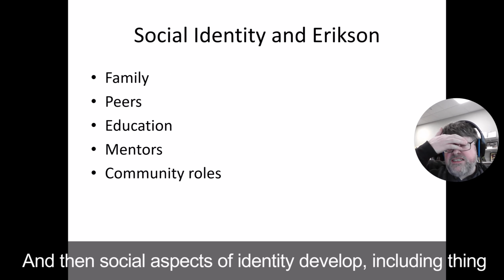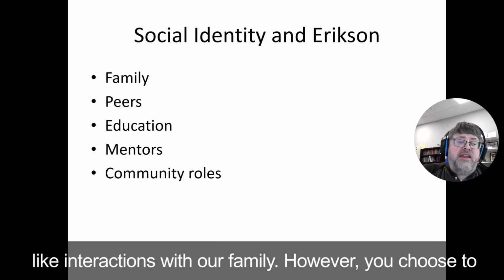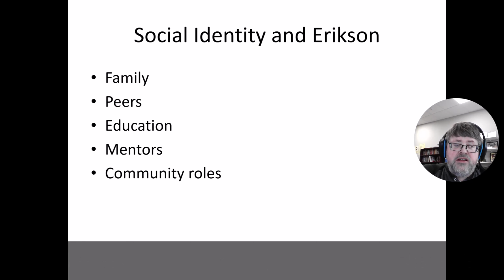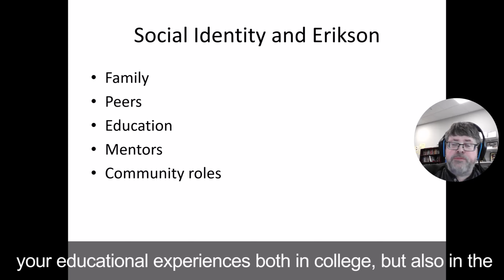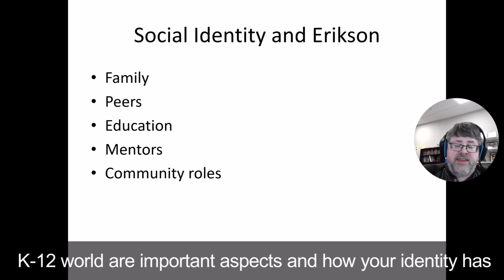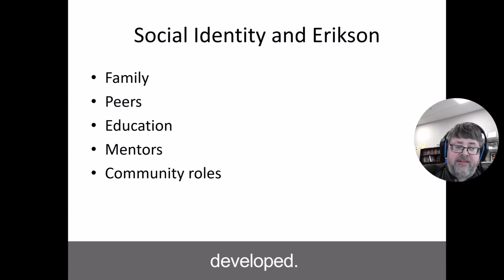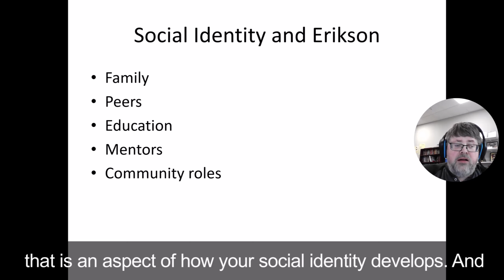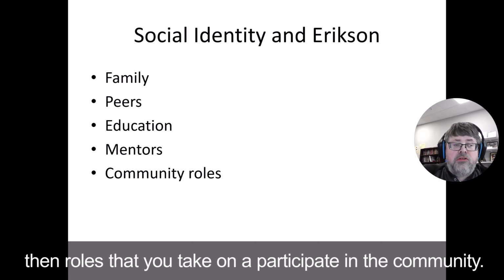And then social aspects of identity development include things like interactions with our families, however you choose to define family, interaction with peers, your educational experiences, both in college but also in the K-12 world, which are important aspects in how your identity has developed. If you have or have had mentors, that is an aspect of how your social identity develops. And then roles that you take on or participate in the community.